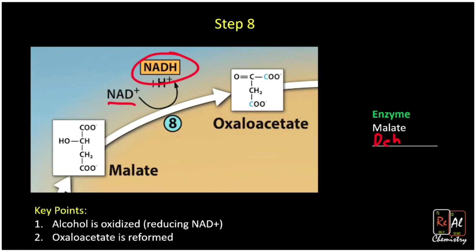Because remember, whenever we are oxidizing our molecule in the citric acid cycle, we are using a dehydrogenase. So the alcohol is oxidized and it goes ahead and reduces the NAD+ to NADH, and oxaloacetate is reformed. Remember, this is where we started. So we're to the end of the citric acid cycle, and now this can just repeat. Oxaloacetate can grab another acetyl-CoA.